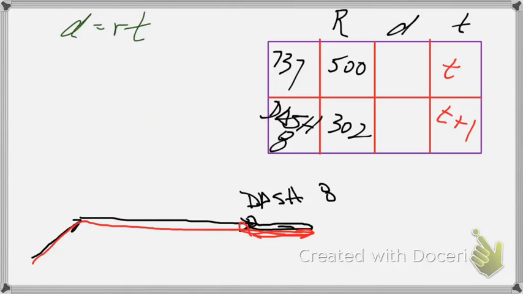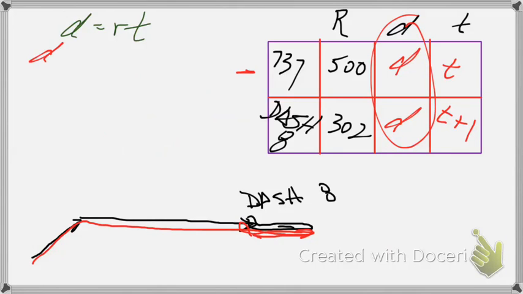Okay? So what that's telling me is at some point in time, which is the answer we're looking at, our distances are going to be the same. At that point in time, when the one overtakes the other, they will have traveled the same distance. That being the case, if distances are equal, it's real easy to put this together. So let's look at the 737.